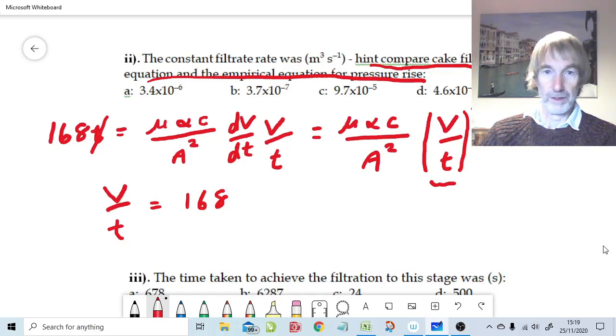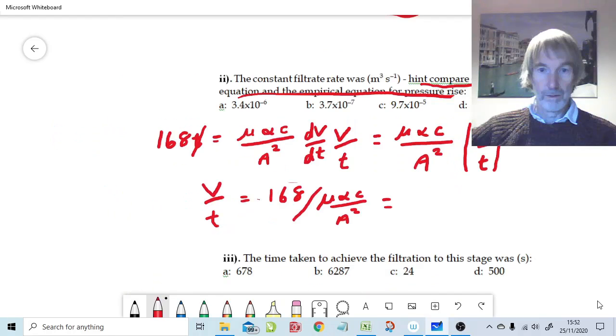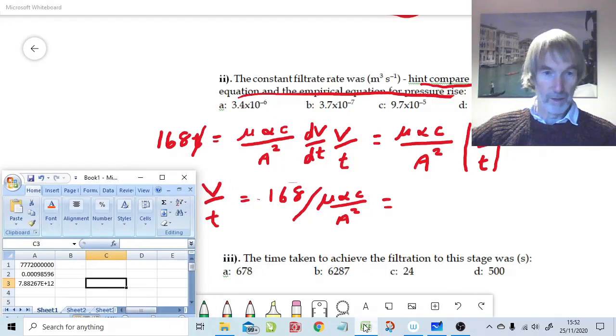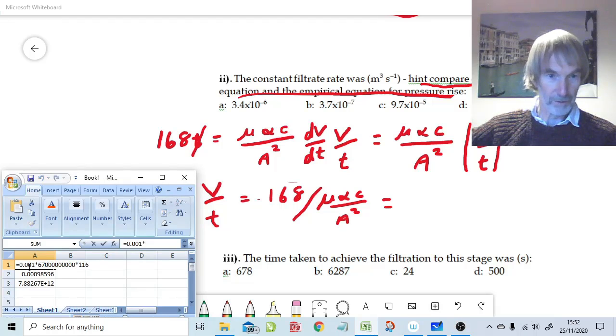I'd rather leave it as divide by this lot. I could turn it round and multiply, but I'll need to kick up the spreadsheet, and we have the spreadsheet populated already. This is the top row where we have the viscosity, that's 10 to the minus 3.